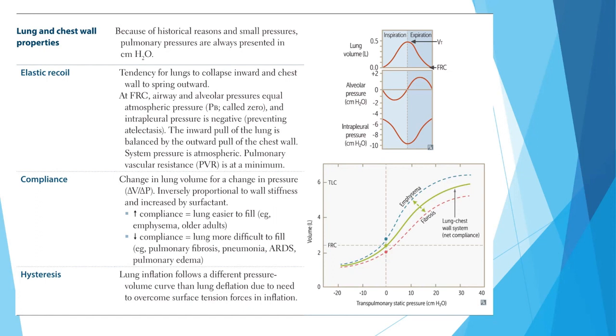Whenever you are inflating, there is some surface tension which is maintaining that spherical shape. Just imagine a drop of water. The tendency of a drop of water is to always be spherical, a perfect circle. The same tendency is there with the surfactant.